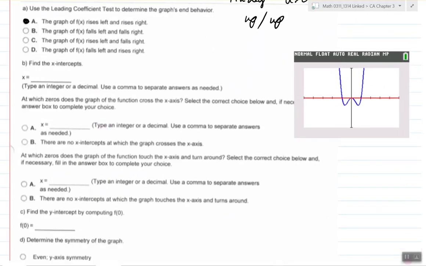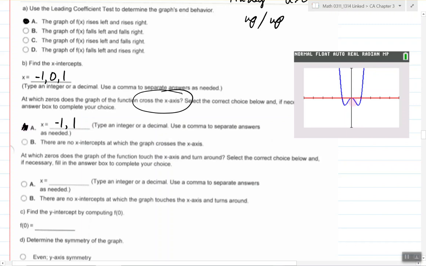All right, the x-intercepts I have at -1, 0, and +1. You don't have to put them in a certain order, but I try to list mine left to right. Crossing the x-axis: it only crosses at -1 and +1.